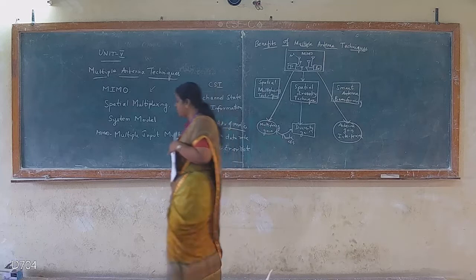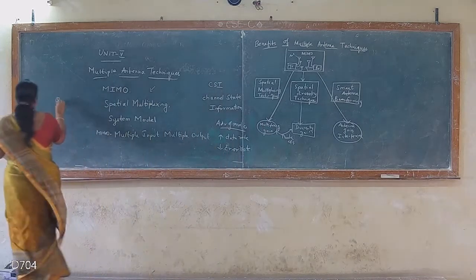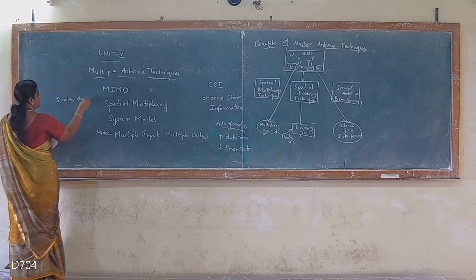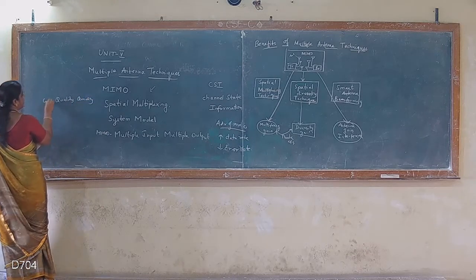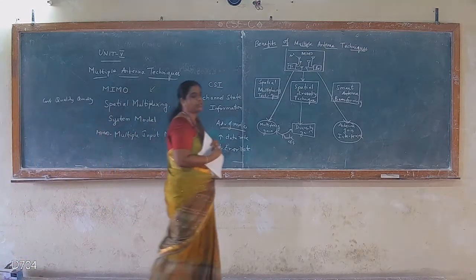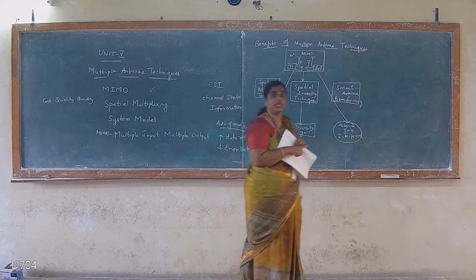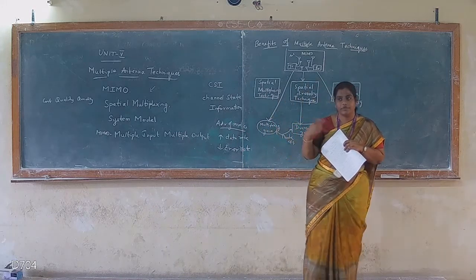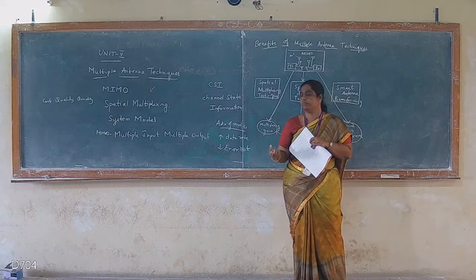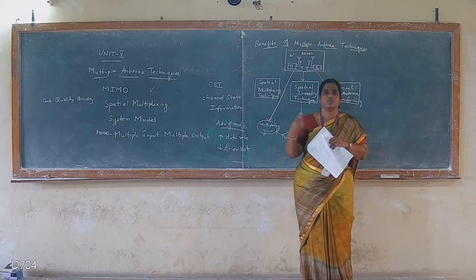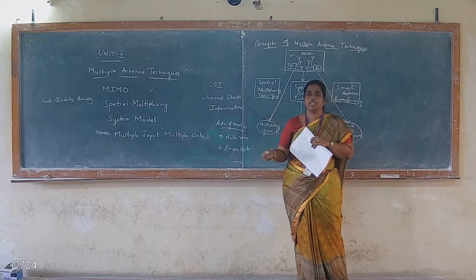This is the day-to-day example we use with respect to clothes. If you concentrate on the quality of the cloth, then we have to compromise on the cost, so we have to buy the higher-cost material. Similarly, if you want more quantity, 10 clothes for the same amount, then automatically the quality of the cloth we purchase is reduced. Similarly, a trade-off takes place between your multiplexing gain, diversity gain, and antenna gain.